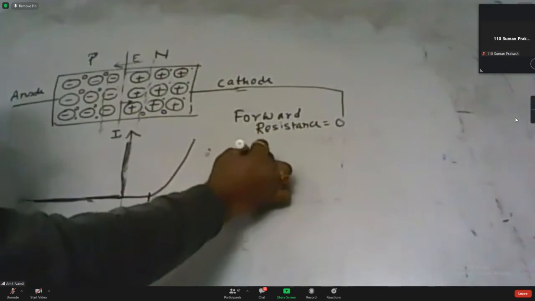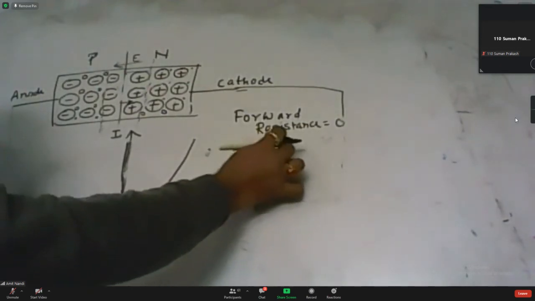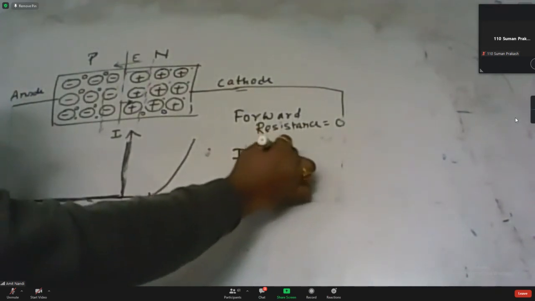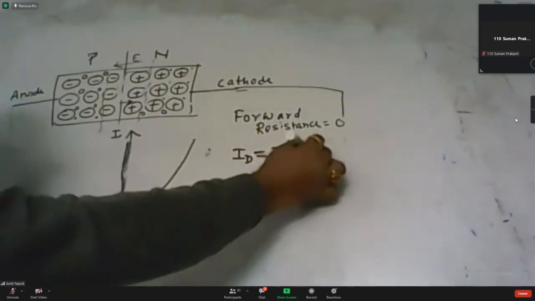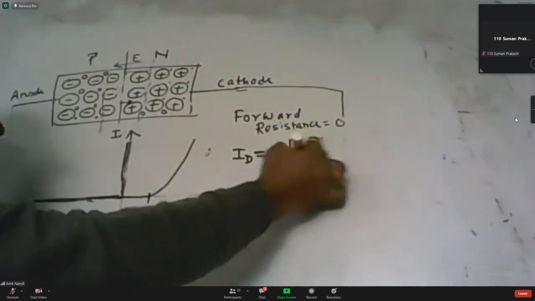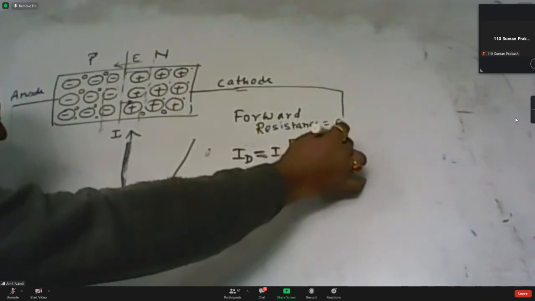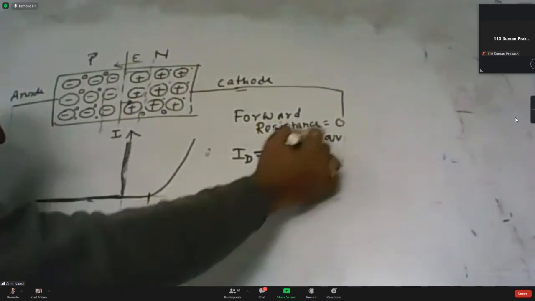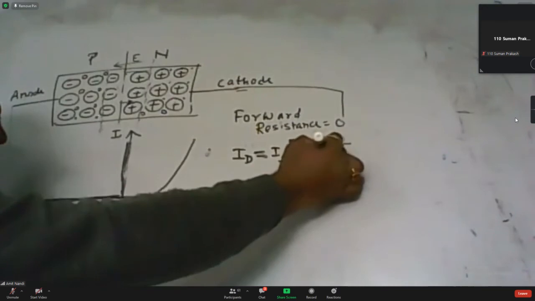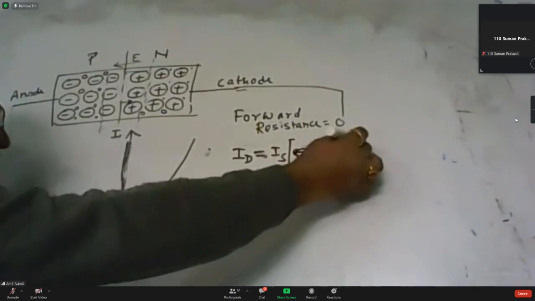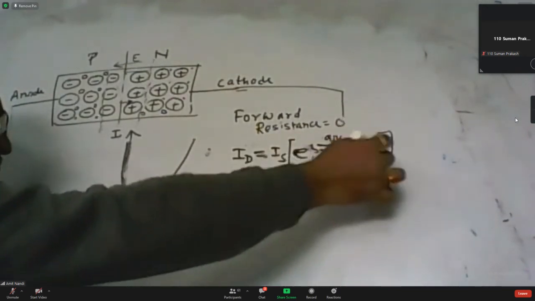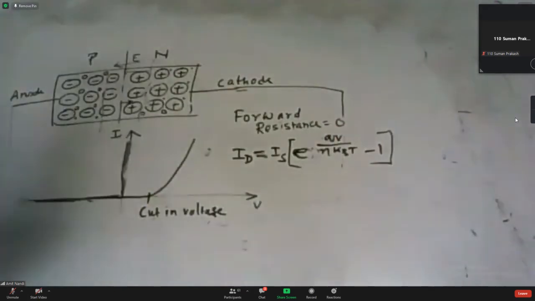The diode current ID equals Is into exponential of QV by eta kT, minus 1.